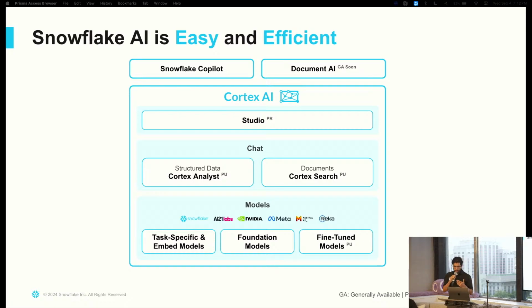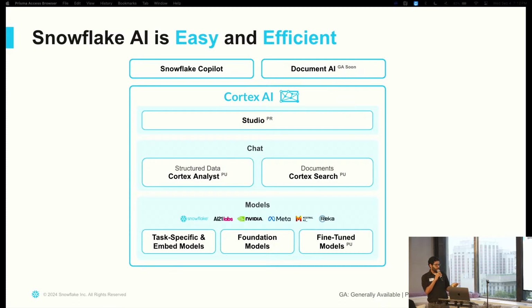Let's double click into the easy and efficient messaging. Why do we say it's easy and efficient? This is the overall architecture of the different elements in Snowflake. If you start at the bottom, we have a lot of open source models, from Meta, from Mistral, from Reka, and our own model called Snowflake Arctic, if anybody has tried that. Those are the foundation models available in Snowflake Cortex.